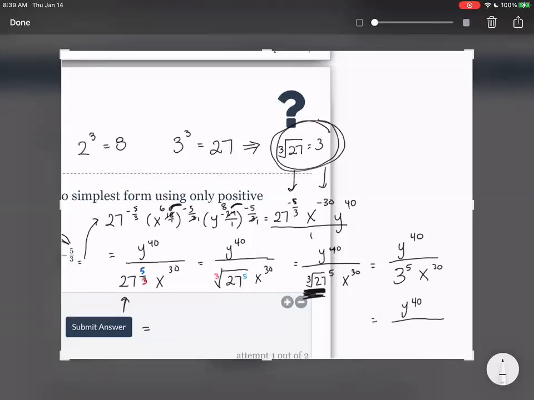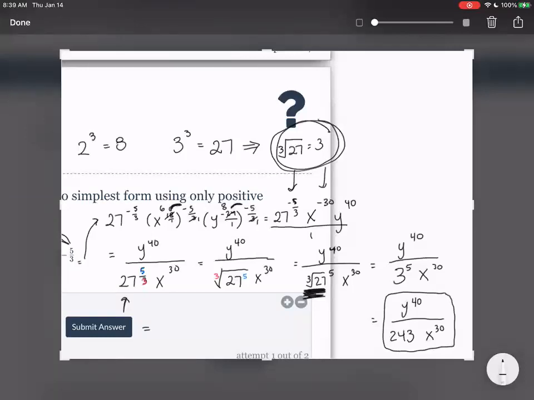So on your calculator, because I don't know off the top of my head, 243. Didn't we do this 3 to the power of 5 last time as well? So we have 243 over here. So this would be your final answer.